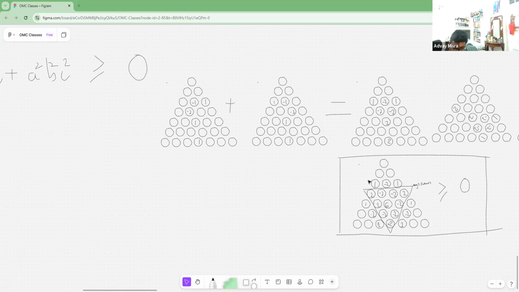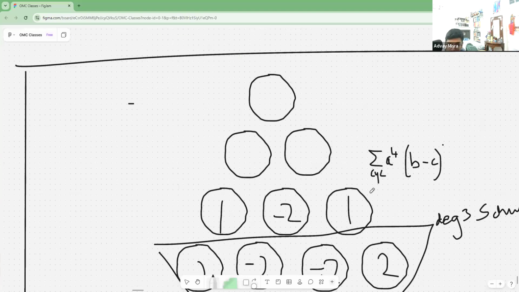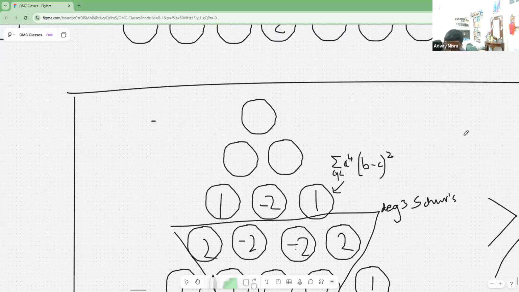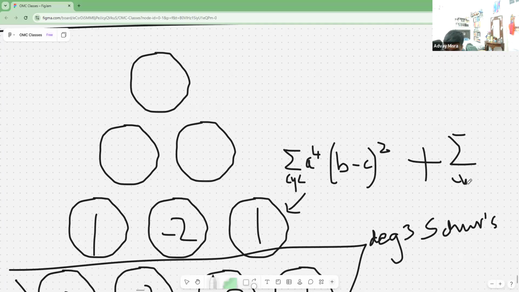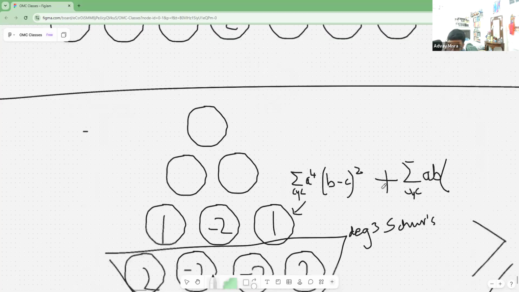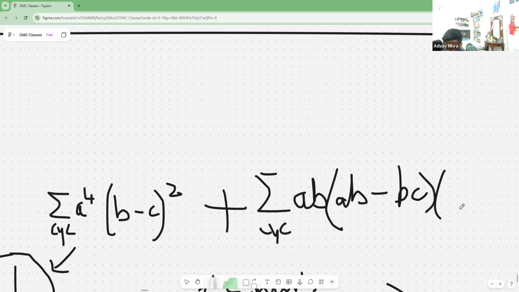So on the outside, these AM-GMs are the sum of a, (b minus c) squared, which corresponds to this AM-GM and its cousins on the sides, plus Schur's inequality on ab, bc and ca.